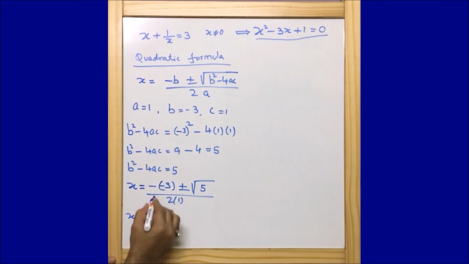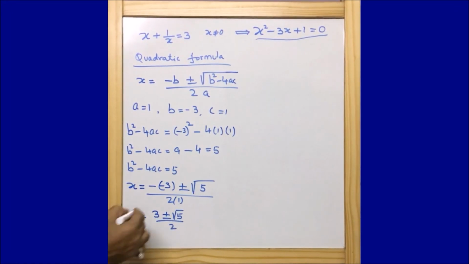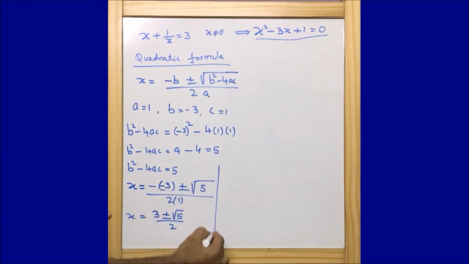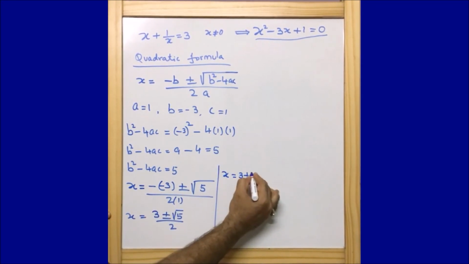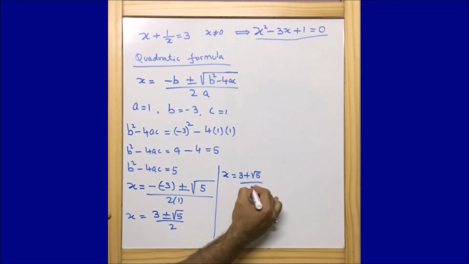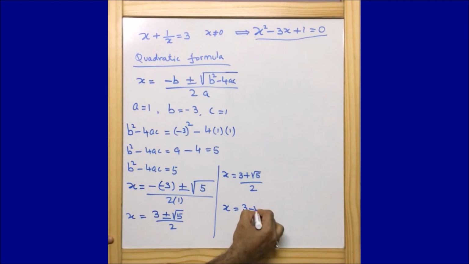I can write x is equal to minus into minus 3 is 3 plus or minus root 5 by 2. So this x is equal to 3 plus or minus root 5 by 2 can be written in two ways, like x is equal to 3 plus root 5 by 2 and the other is x is equal to 3 minus root 5 by 2.